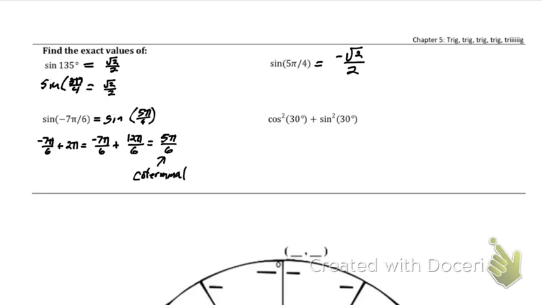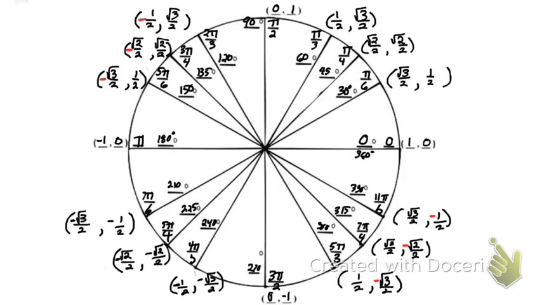And what is that value? Still got your answer? Or do you have a question? No, I have it. It's 1/2. It is 1/2. Once again, you go to the unit circle, you find 5 pi over 6, which is right here. Sine is your second value, so it's 1/2.